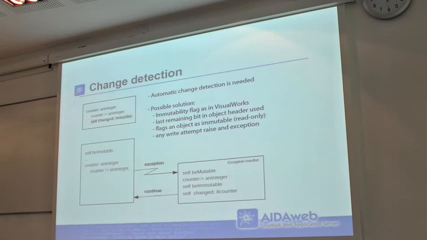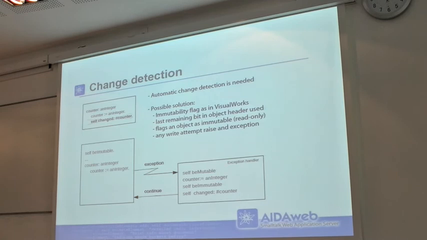One possible solution is, as in VisualWorks already, to use the so-called immutability flag. The immutability flag actually uses the last remaining bit in the object header. And when this flag is set, the object is put in read-only mode. So there is a trick here. We put it in read-only mode, and when you try to change the object, you get an exception.